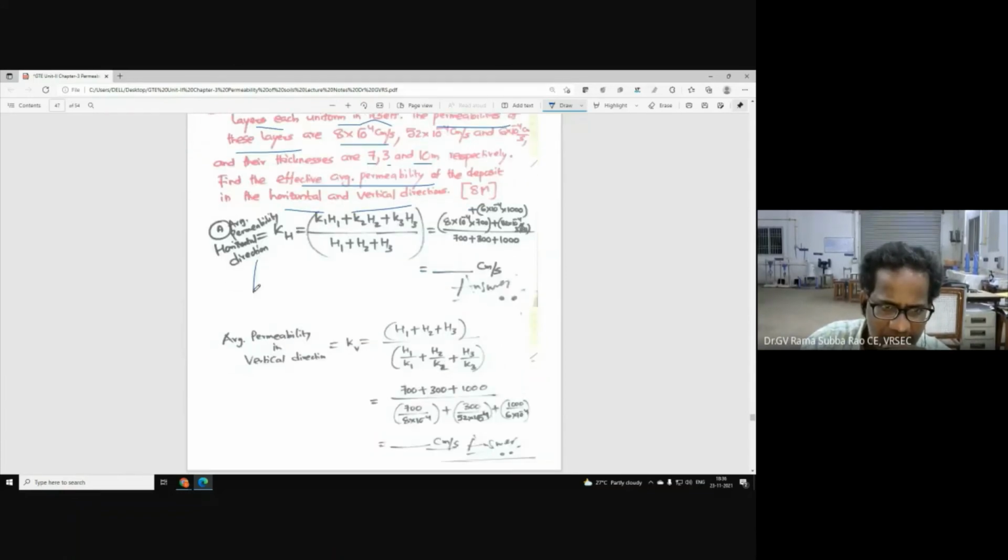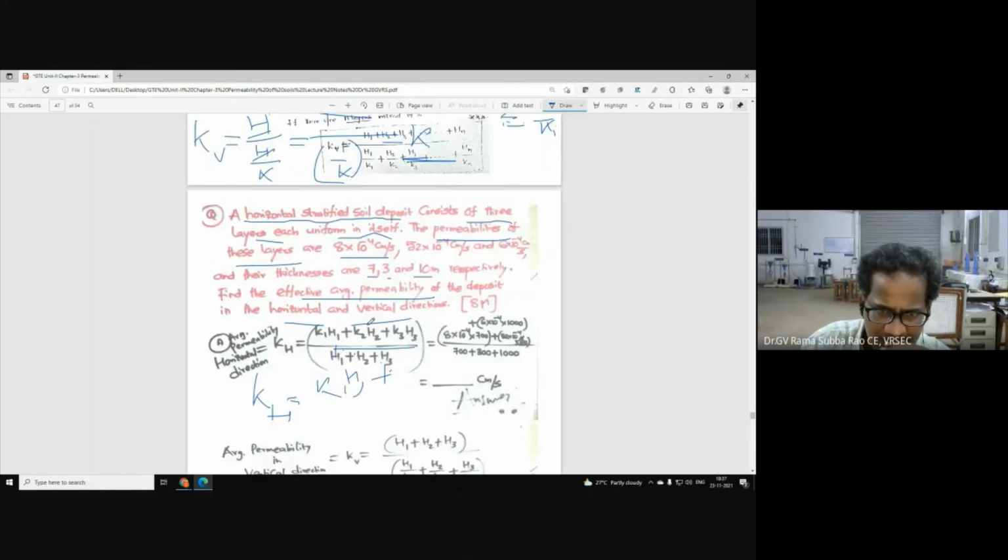I can tell you in horizontal, KH is equal to, it is a weighted average, K1 H1 plus K2 H2 plus K3 H3 by H1 plus H2 plus H3. But my sincere advice to my students is, since we have permeability in centimeter per second, please convert the thickness also into centimeter so that we can avoid confusion.